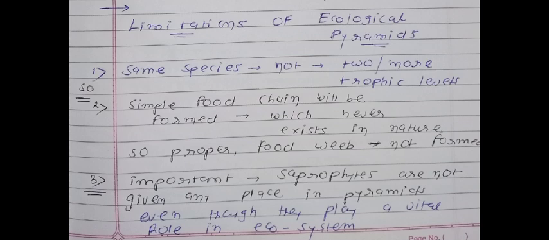And point number 3, which is the most important part of this question: it is important to note that saprophytes, means decomposers, are not included in any place in pyramids, even though they play a significant vital role in the ecosystem. You know that decomposers are saprophytic according to mode of nutrition, and they have a significant, means important, role in the ecosystem.